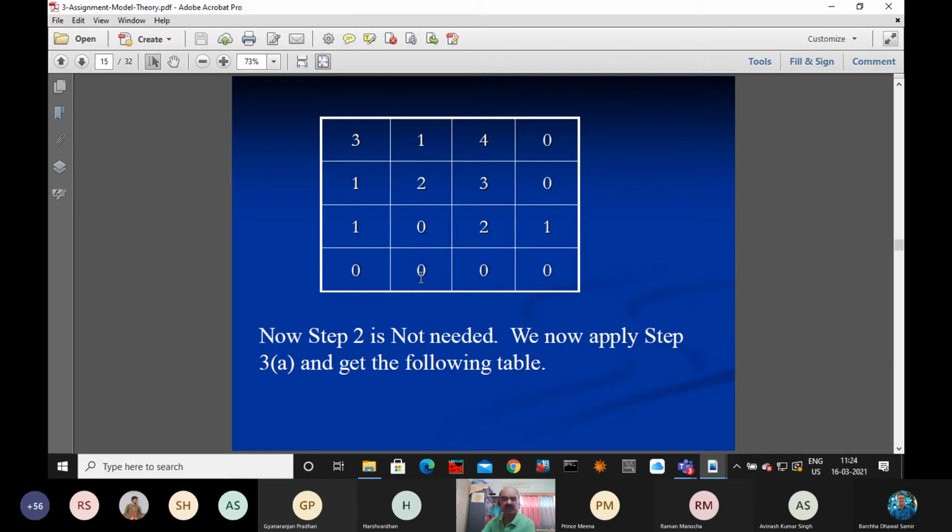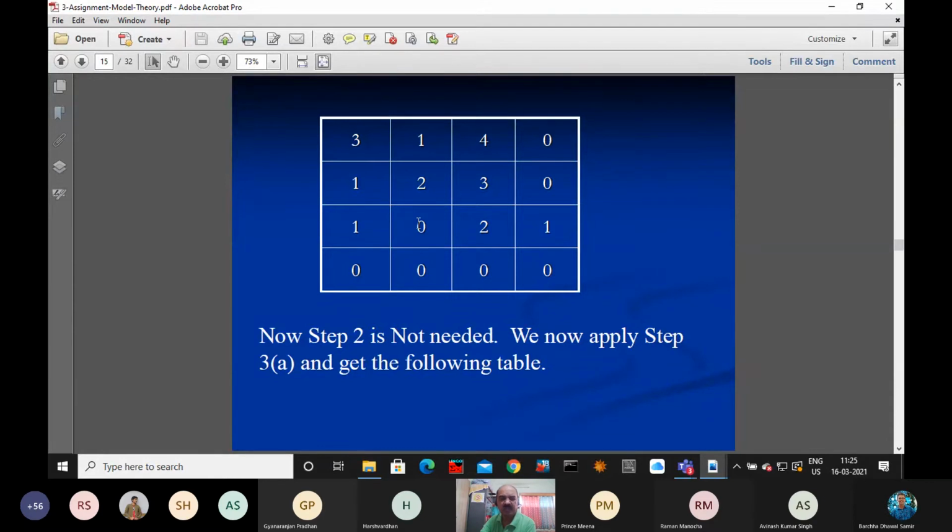After that, we find in the fourth row there are 3 zeros, so there are 2 zeros remaining. Whether we can assign these 2 zeros or not. If you are assigning, let me say the first, it is complete. The first column is complete.